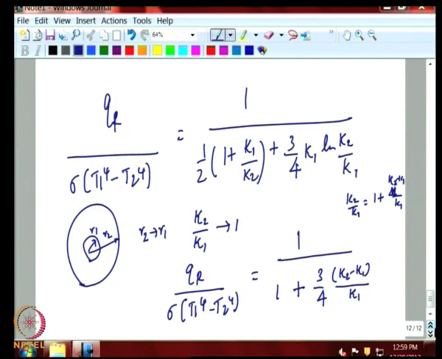But it is worth remembering that there are other interesting situations here which we could have explored. Suppose the radius 2 was much larger than radius 1, then this term will drop out, and this effect will dominate, the cylindrical effect.